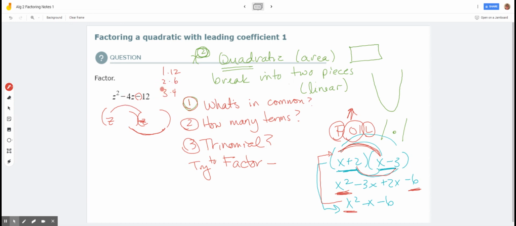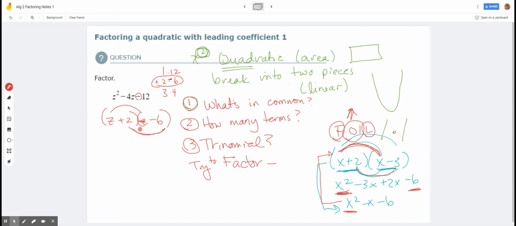And the answer is with 2 and 6. You could do a negative 6 and a positive 2. They add up to negative 4. So the numbers that multiply together to get 12 have to add to get the middle term. So we're going to go with plus 2, minus 6.